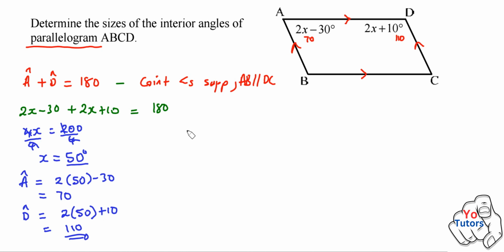So we say B is equal to 110. Opposite angles of a parallelogram are equal.